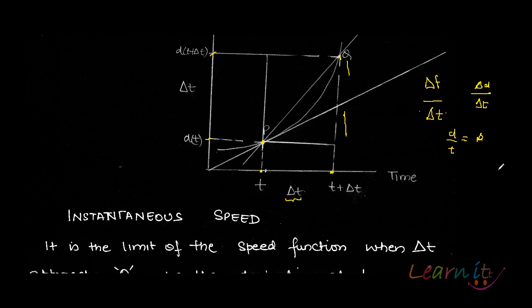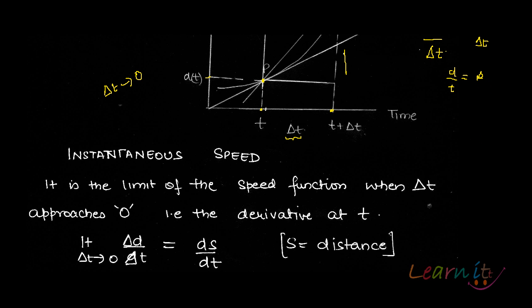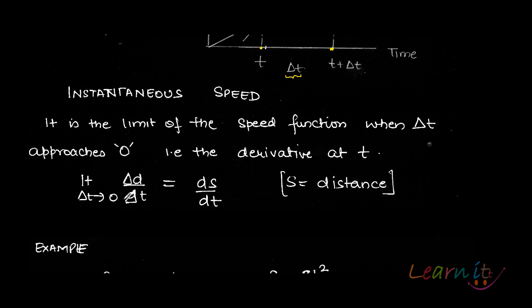Now what is instantaneous speed? The moment I look at the point where the time taken is almost zero, the change in time is almost zero, it's happening at that instant itself. That is instantaneous speed, and that is calculated by looking at the change in time being almost zero.